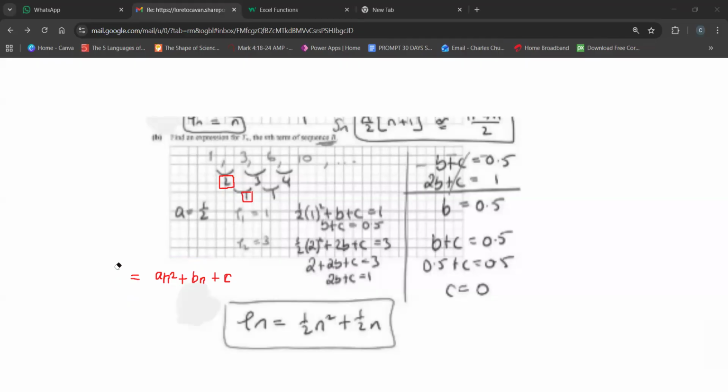The workings that we have here, you understand them, right?